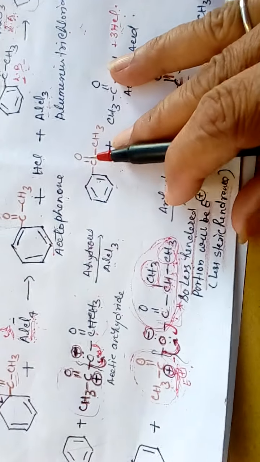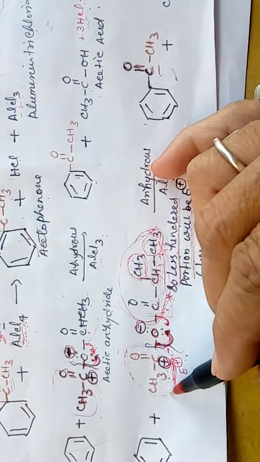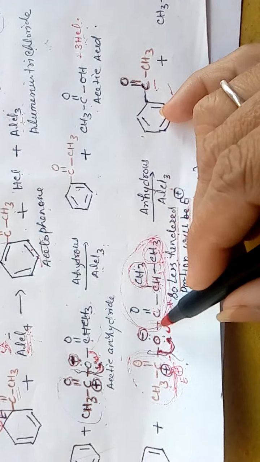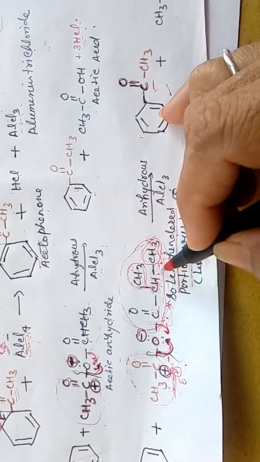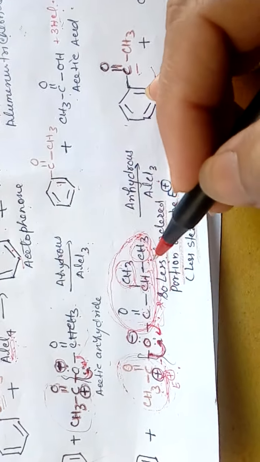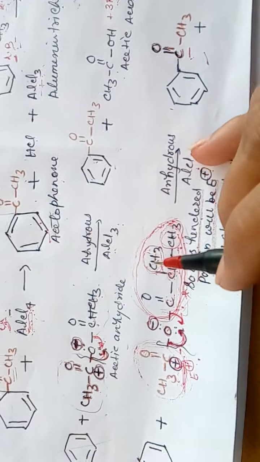Now this is a problem: if this bond breaks from here, we get the acylinium carbocation, and if this bond breaks from here, we get this electrophile. But the problem is which part forms the electrophile.